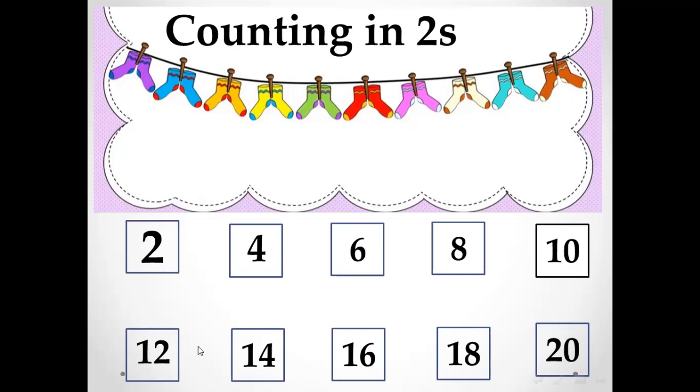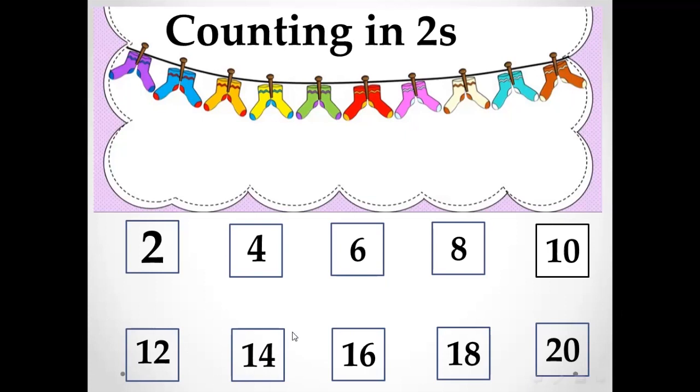Not 13, because here I am counting in twos. I will skip 13 and say 14. What comes after 14 when I'm counting in twos? Don't forget, I skip one number.